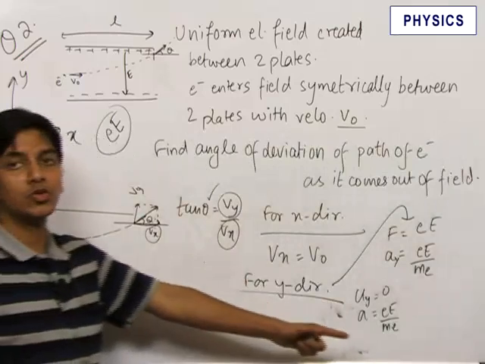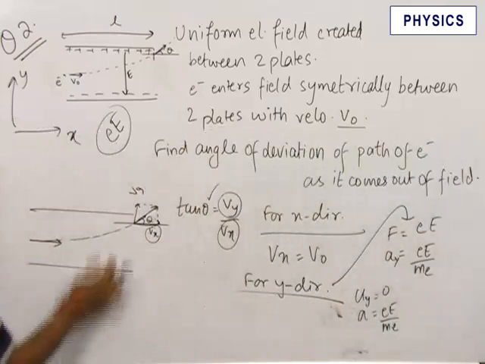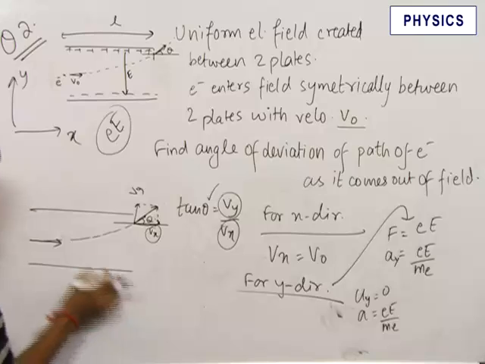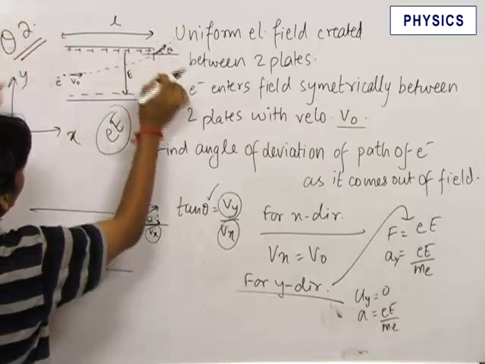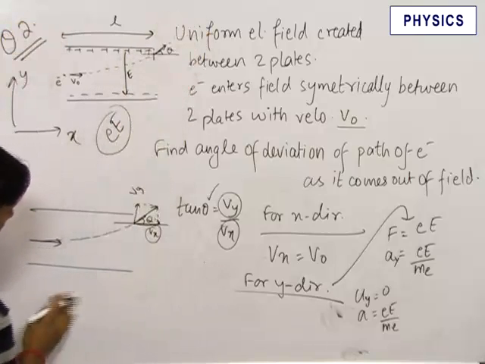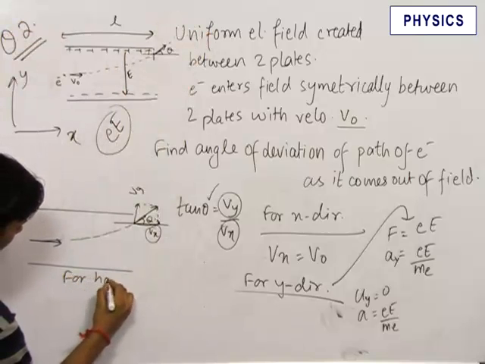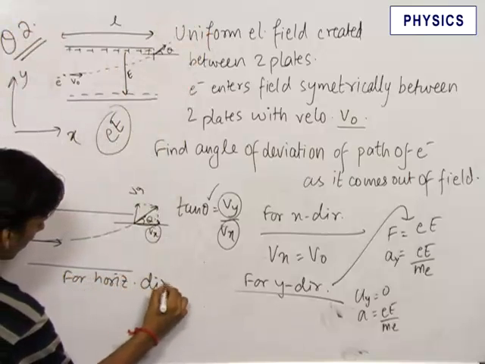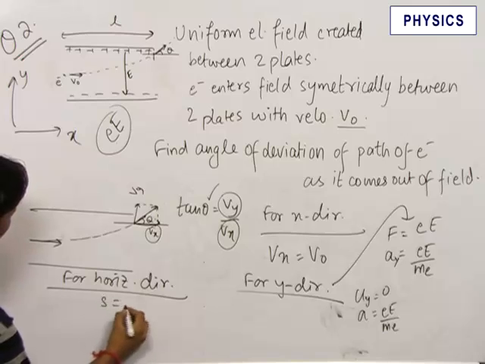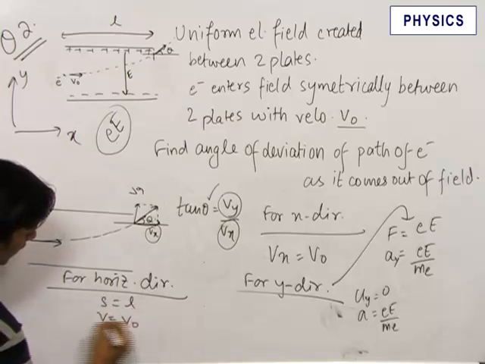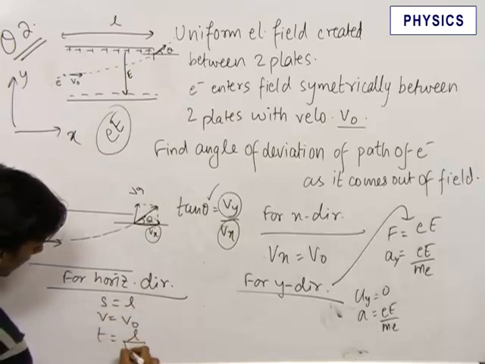We will get the time by using the equation in the horizontal direction, because in the horizontal direction it has to travel a distance L in a particular time by the time it gets out. So for the horizontal direction, displacement is equal to L, velocity is equal to v0, therefore the time taken is equal to L upon v0.